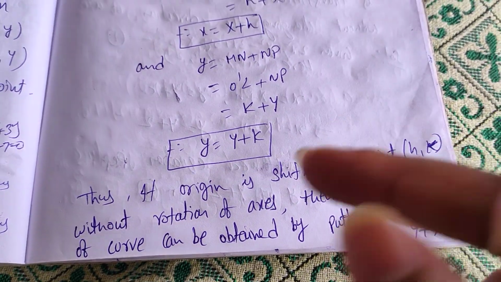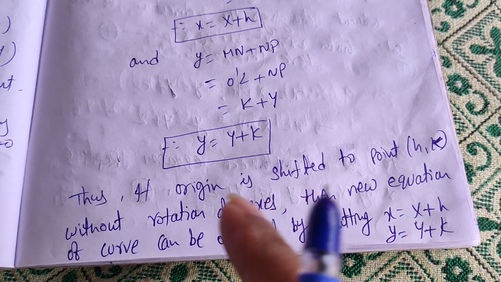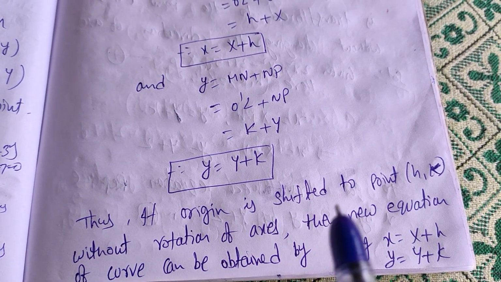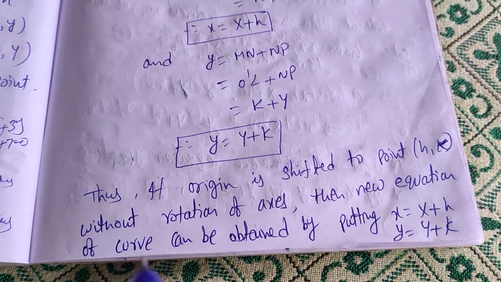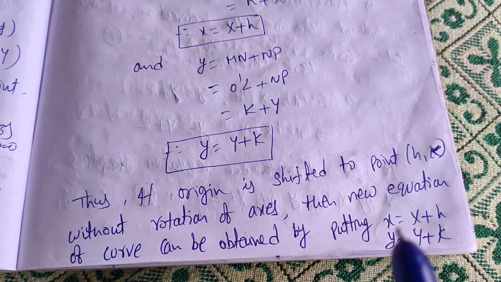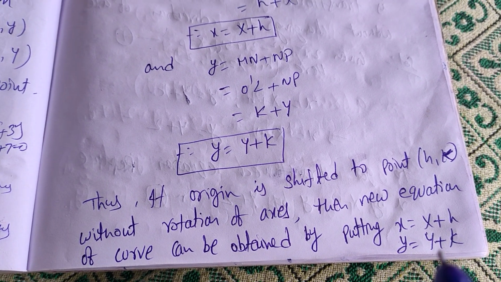Just what I explained here, I am again reading here. Thus, if the origin is shifted to point h comma k without rotation of axis, the new equation of the curve can be obtained by putting small x is equal to X plus h, small y is equal to Y plus k.